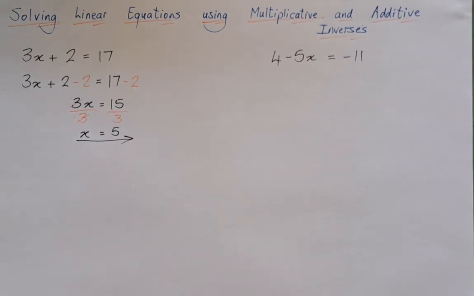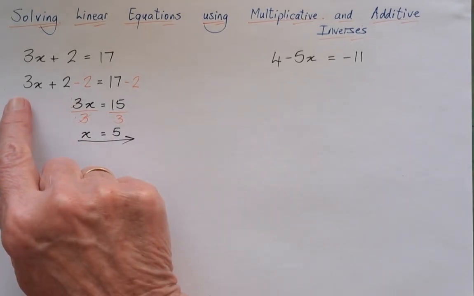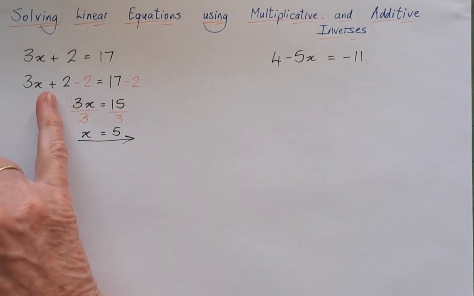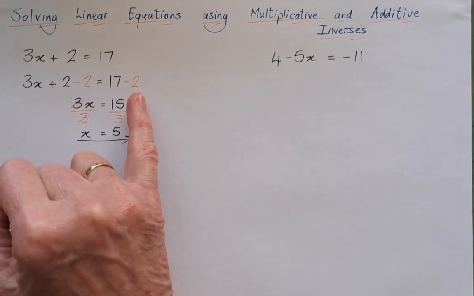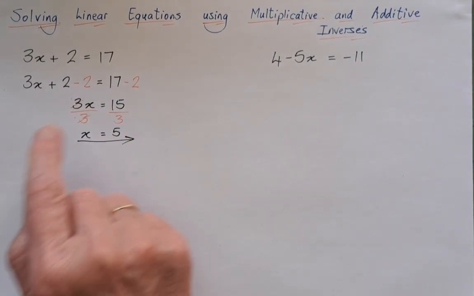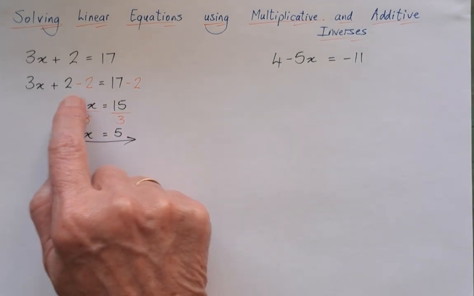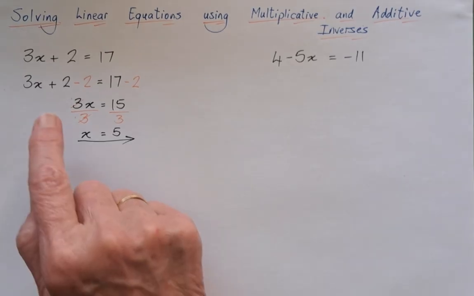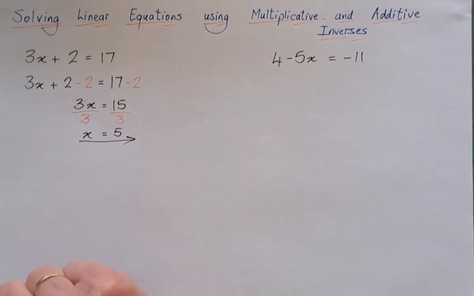Now we're going to start really looking at what's going on here with the additive inverse. If we had plus 2, then it actually became minus 2 on the other side because we were using the additive inverse. So we're not going to write this step down every time. If it's plus 2, we say minus 2. If it was minus 2, we would have said plus 2.